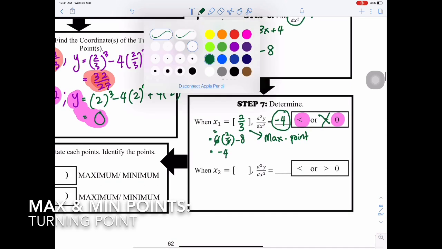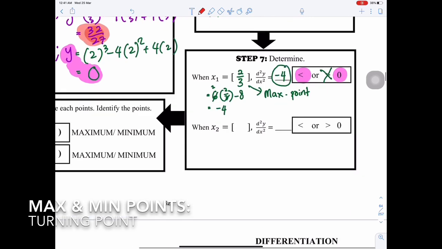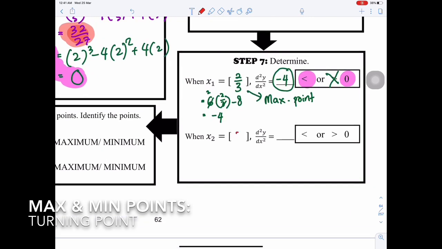Now let's try x equals 2. It equals 6 times 2 minus 8, so equals positive 4. As you can see, 4 is greater than 0. So when x equals 2, it is a minimum point.